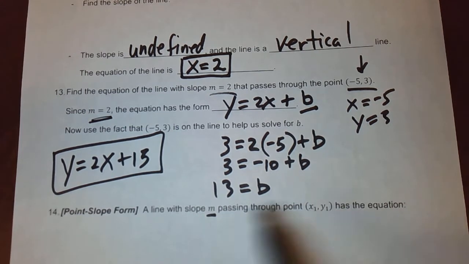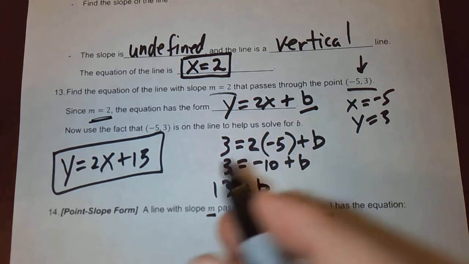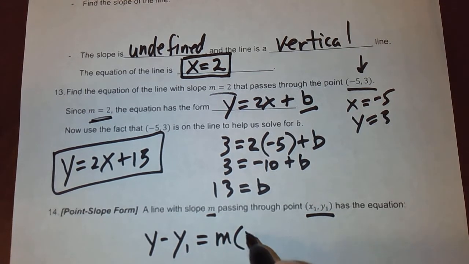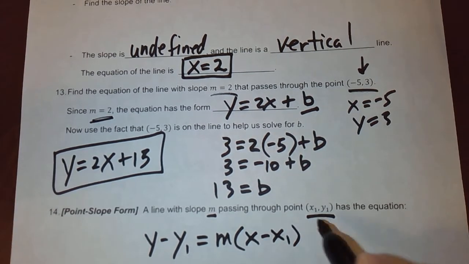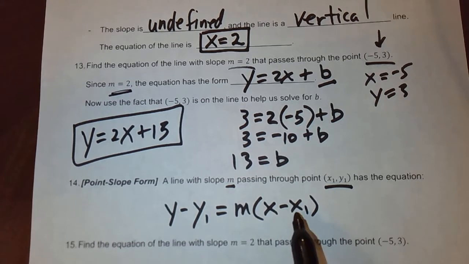Any line with slope m and going through this random point (x1, y1) is going to be y minus y1 equals m, in parentheses, x minus x1. So when you're given the ordered pair, you'll just plug it in here and here.